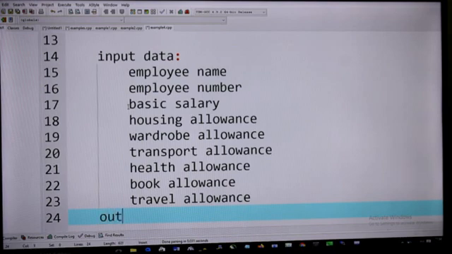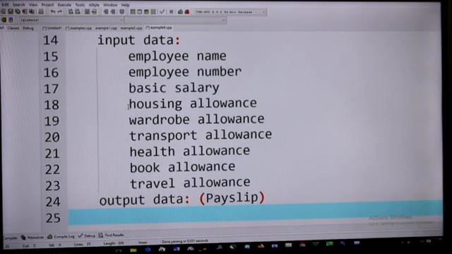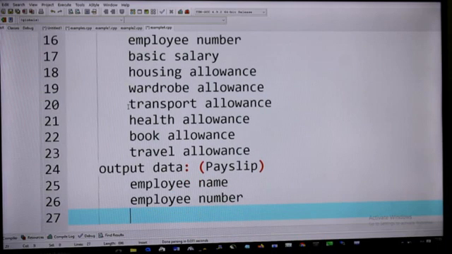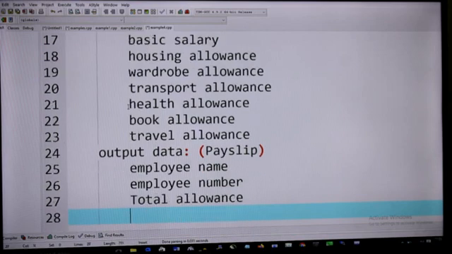So the output data, which should actually be the pay slip, that's what we will have at the end of the day. So this pay slip must contain some things. What we are going to have on the pay slip: we are going to have the employee name, employee number. We are going to have the total allowance. We are going to have the gross pay.